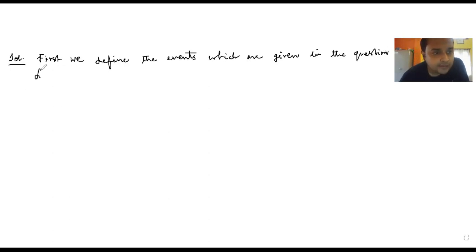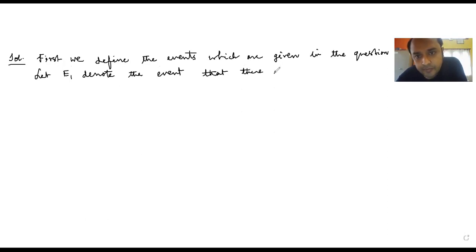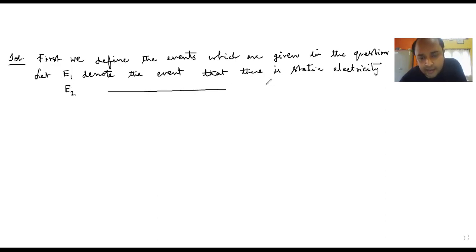Okay, let E1 denote the event that there is static electricity. E2 denote the event that there is malfunctioning of equipment.